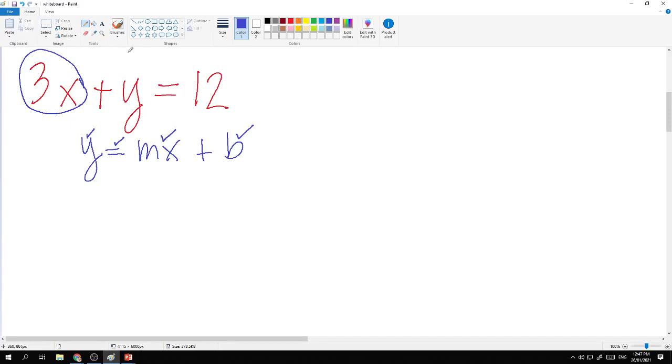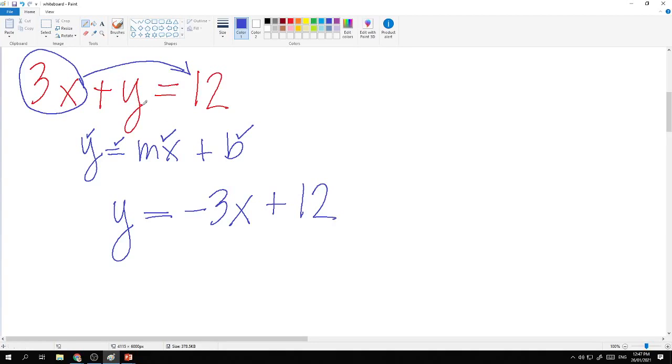Okay, transpose that. So I will be transposing that over here. What will happen to 3x? That becomes negative 3x. So I will bring down y. Bring down y is equal to negative 3x and bring down positive 12.